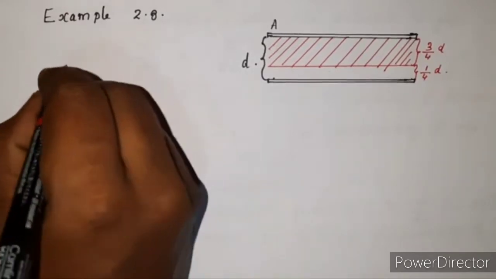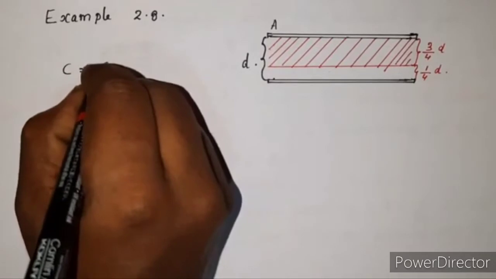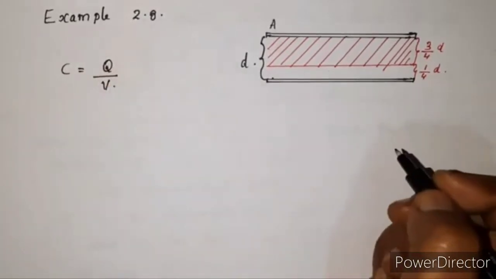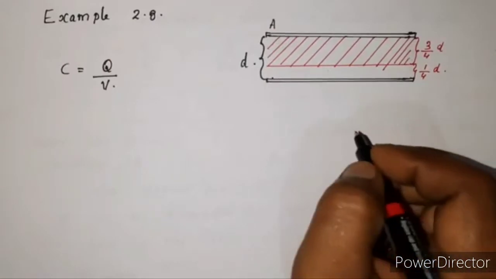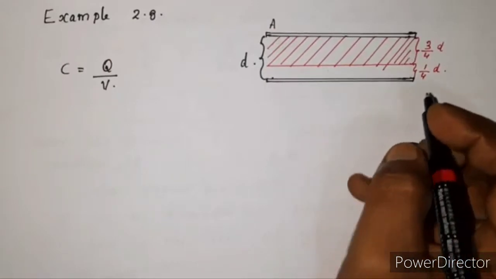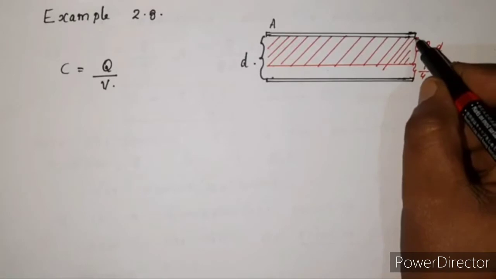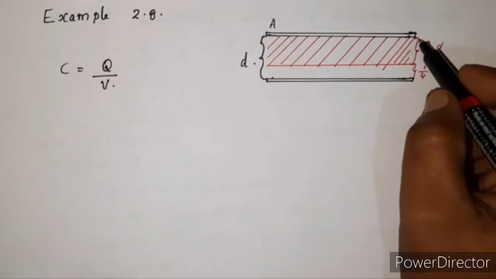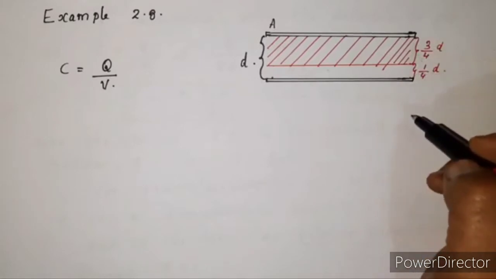We can find the capacitance using the expression C equal to Q by V. So it is this V which we have to find out first. V will not be the same for the two portions, that means 3/4 and 1/4.